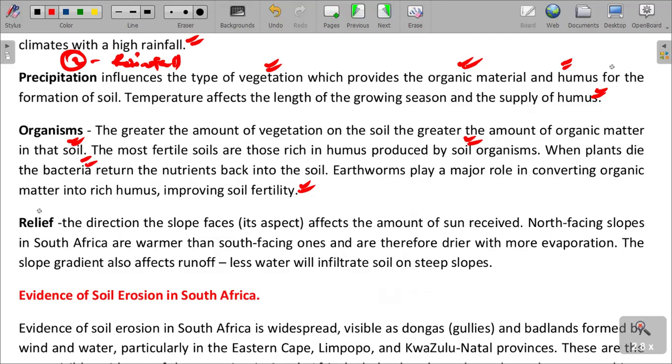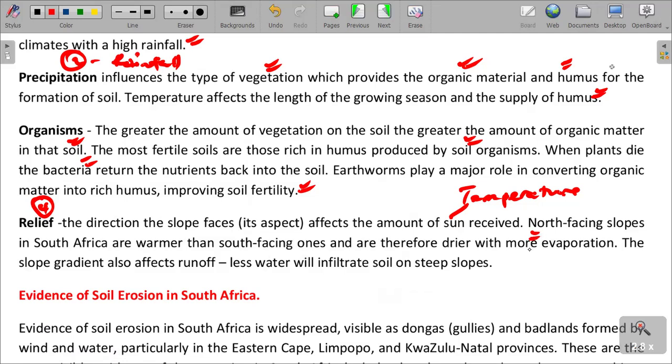And then relief, which is also the gradient. The direction the slope faces, its aspect, affects the amount of sun received, and the amount of sun affects the temperature. North-facing slopes in South Africa are warmer than south-facing ones, and therefore drier with more evaporation.